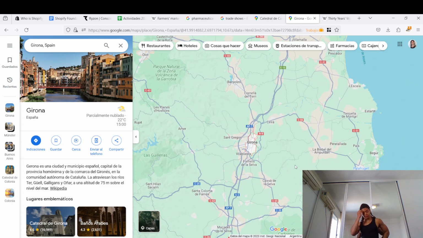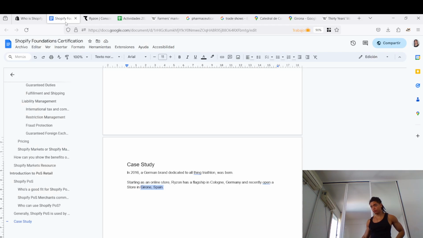So Ryzen, this German brand dedicated to all things triathlon, was born in 2016. It started as an online store and has a flagship in Cologne, Germany, and recently opened a new store in Girona, Spain.